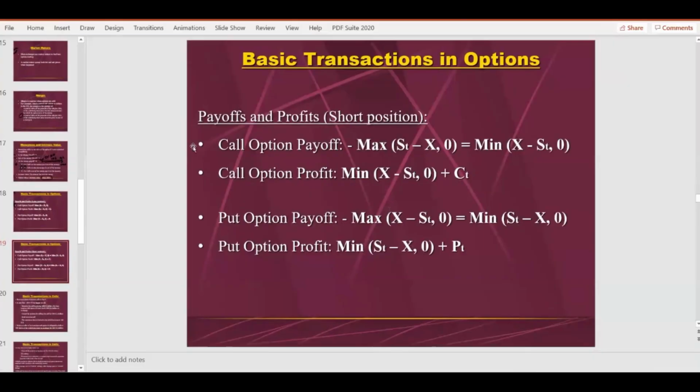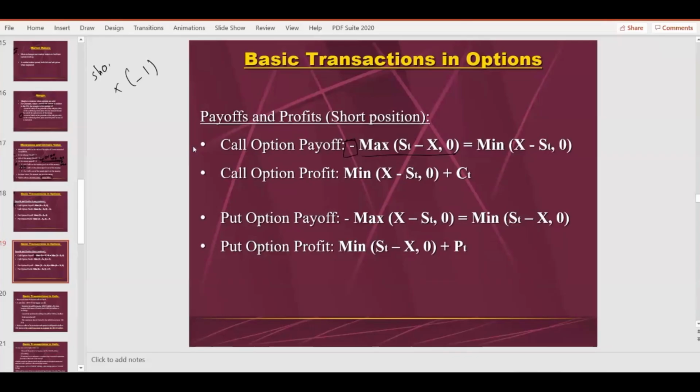Now, if I want to move to the parties with the short position. The party with the short position will have exactly the opposite payoff of the party with the long position. So for the party with the long position, the payoff is the maximum of ST minus X and 0. Therefore, for the payoff of the party with the short position, I simply add a negative sign, or I multiply by minus 1.